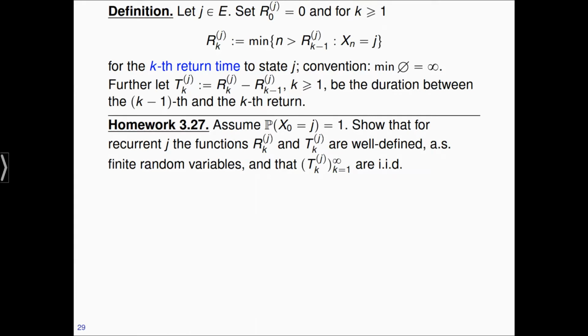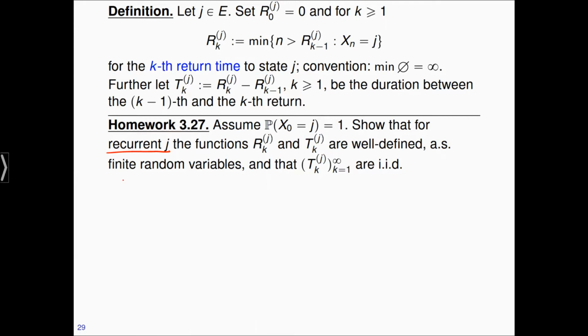I already mentioned that we want to consider these random variables whenever we start from J, so assume that we start at J. Furthermore, consider the case that the state J is recurrent, so that almost surely you do return to J. And it's a homework then to show that these Rk and Tk are well-defined, almost surely finite random variables.